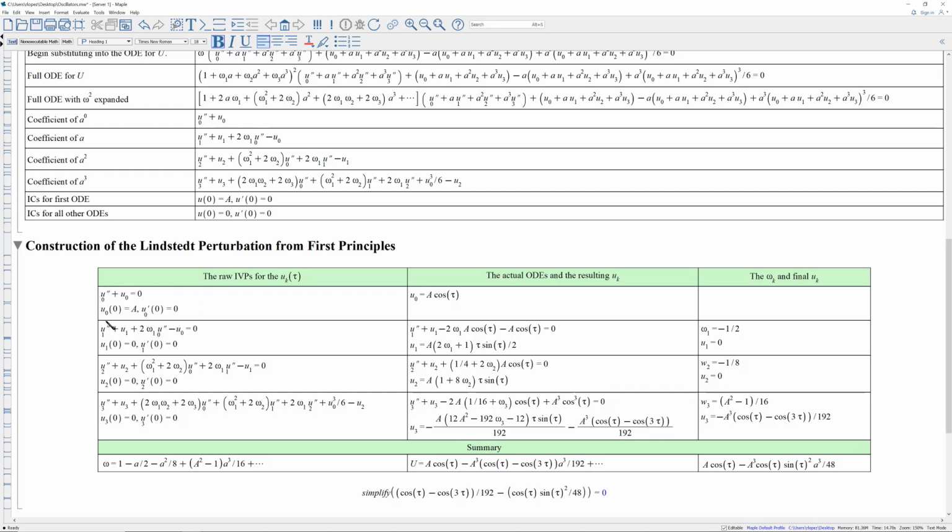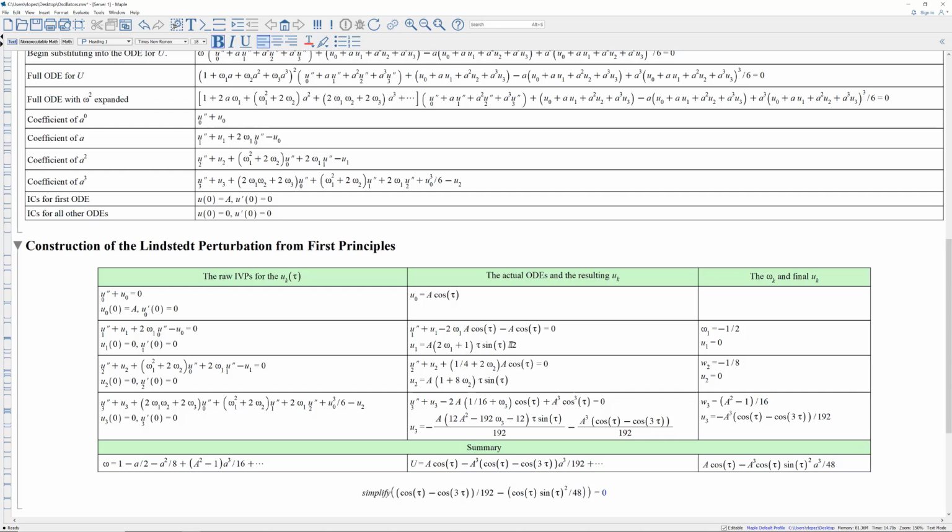The first term must be obtained from this initial value problem. Solution is a cos tau. The second term comes from this initial value problem, and you notice that you have u0 in that differential equation, but you now know u0, so the initial value problem has this differential equation.